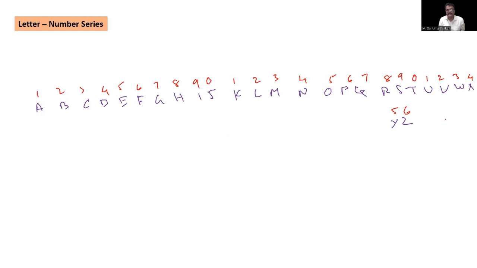Okay, the next letter of W is X, the next letter of X is Y, the next letter of Y is Z, the next letter of Z is A, etc. In the same way, the previous letter of Z is Y, the previous letter of Y is X, the previous letter of B is A, the previous letter of A is Z, the previous letter of Z is Y, etc. So all the 26 alphabets are either in clockwise direction or in anti-clockwise direction.